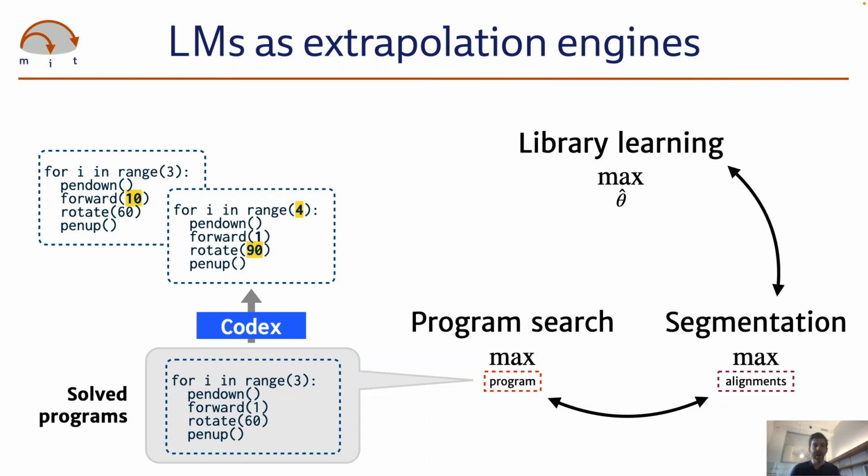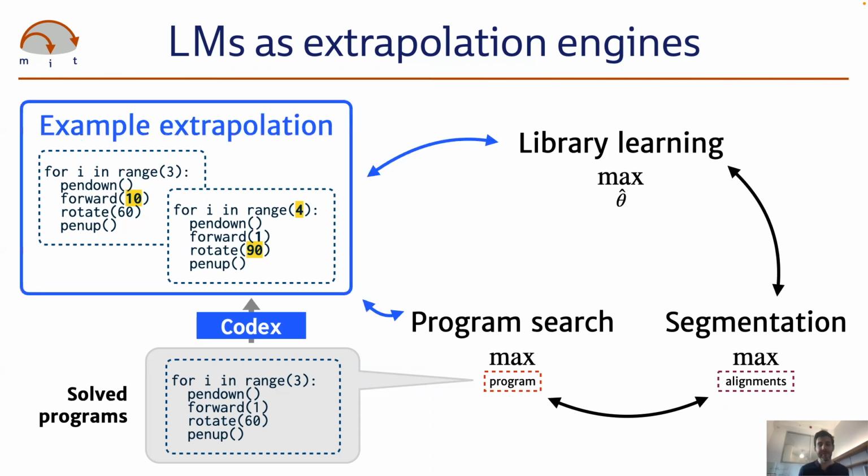This means that these big language models, even if they don't know how to execute this program, understand enough about the semantics to know what the plausible sources of variation are, and in particular, what pieces of this program are likely to get reused and what pieces are likely to change when we apply it to new problems.